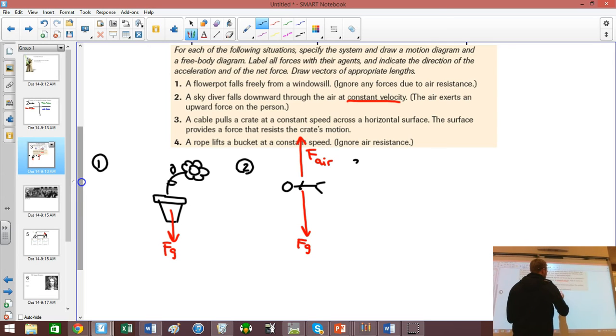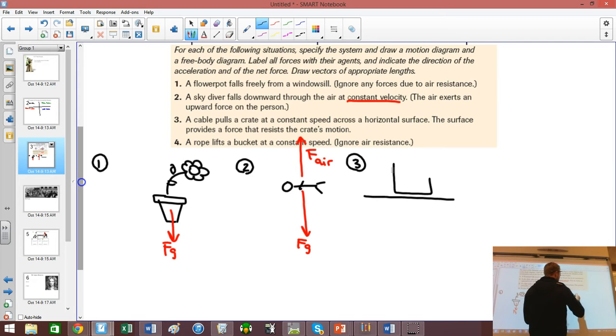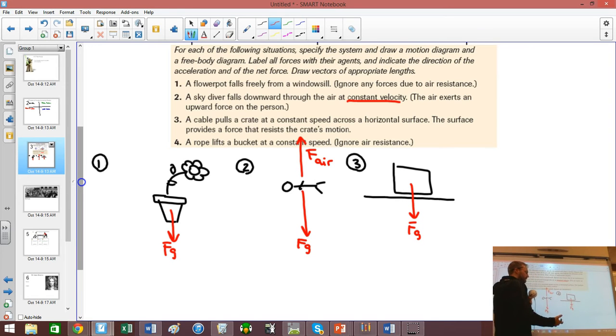Number 3, a cable pulls a crate at a constant speed. So here's my box, or my crate. Again, I still have gravity. There's always gravity in all of these. Now, there's a supporting force that prevents the box from going towards the center of the earth, provided by the surface.